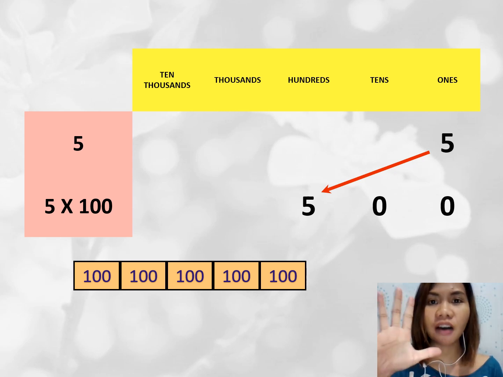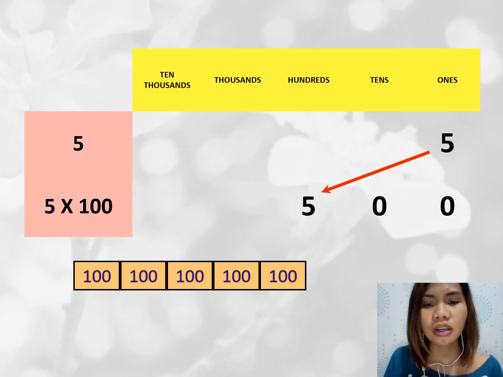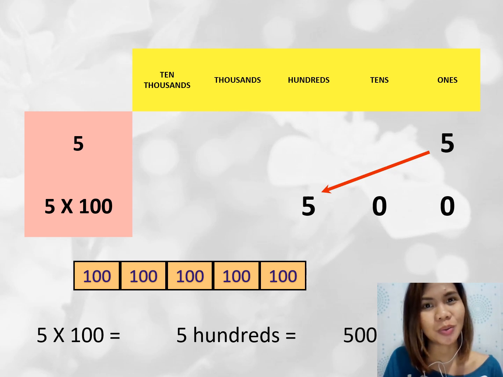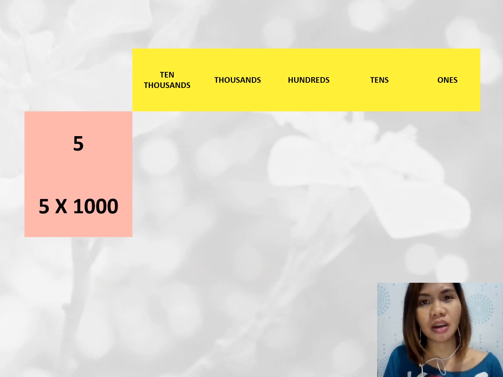So we have 5 groups of 100. 5 times 100 is the same as we write 5 hundreds, and the value is 500. Next, 1,000, how it becomes 1,000.